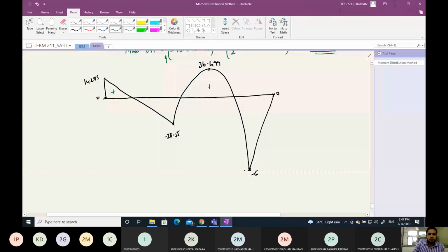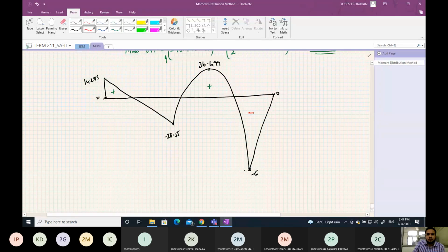This is your positive, this is negative. This will be the negative bending moment.